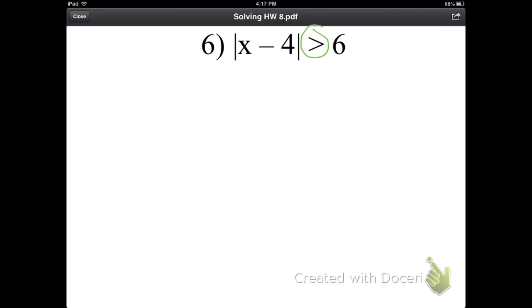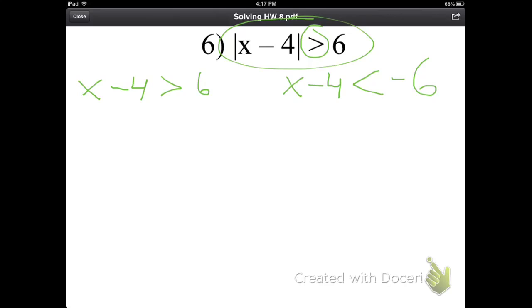So what you're going to do is copy this inequality statement twice, and one of them is just going to have 2 differences. Left one, just copy it down like it is without the absolute value. And you're going to write this stuff again, but this time you change the direction of the inequality and you make the number negative. So 2 changes: the inequality goes the other direction, and you add the negative. Other than that, they're exactly the same.